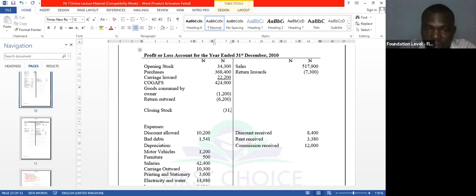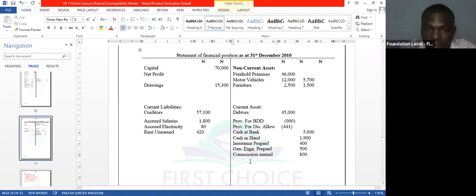The second leg will come under our current assets, so we have this as stock, or let's call it inventory, 31,800.